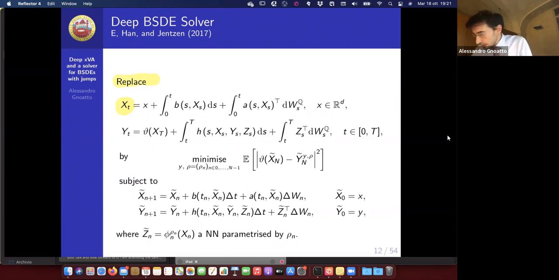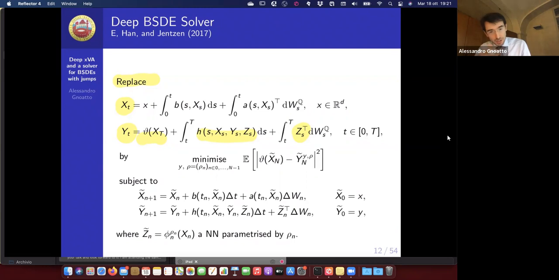Next to it you have the BSDE for the different European contingent claims, with the usual terminal condition, and this function here, which is called the driver, and Z is the control, or in financial terms, your hedging strategy. So this is the forward-backward system in continuous time.